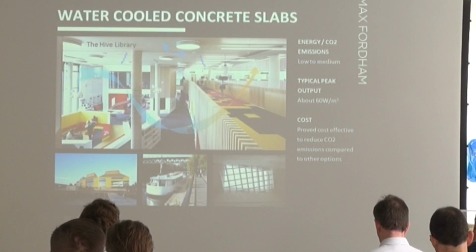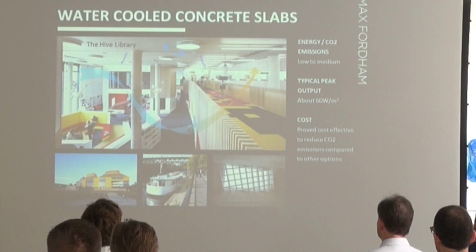So here is exposed concrete. The air enters through the windows, is cooled by the slab that is at a cooler temperature. It mixes with the rest of the environment in the room, gets warm, and then it goes up through the roof.